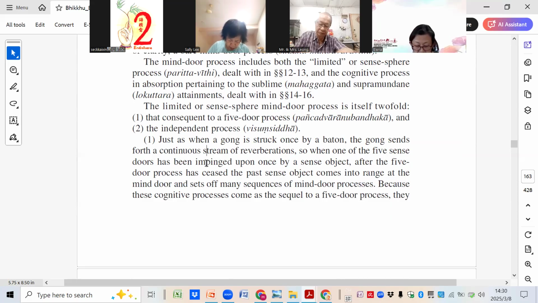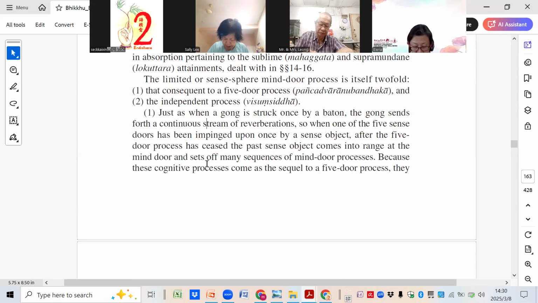Just as when a gong is struck once by a baton, the gong sends forth a continuous stream of vibration, so when one of the five sense doors has been impinged upon once by a sense object, after the five door process has ceased, the past sense object comes into range at the mind door and sets off many sequences of mind door process.